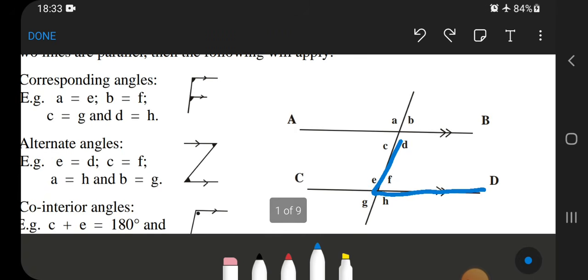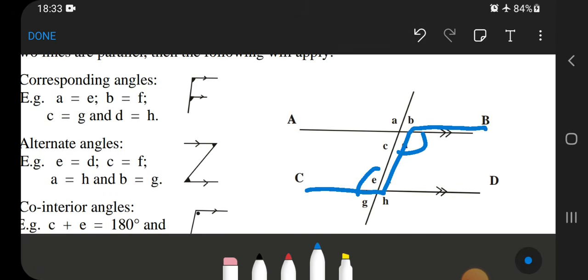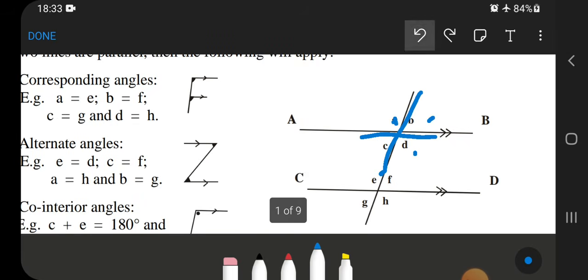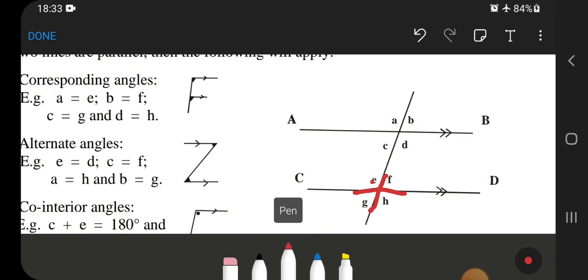You can also go upside down, F and C, and then E and D, they make their own shape. And then these ones are vertically opposite angles. They are intersecting, and these ones as well. So we have vertically opposite angles, E equals H, F equals G.